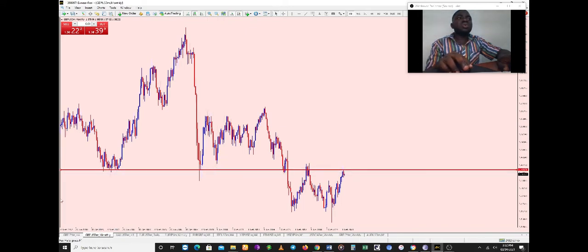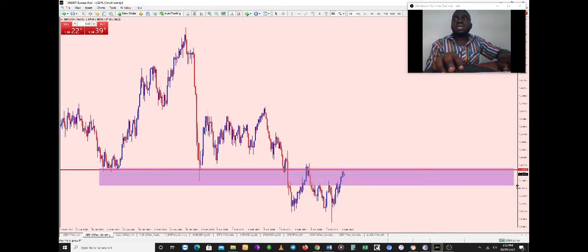Now, you realize that the rigs really try to break it and it fails. So it means they are reaching for a particular price level. So all I'll do is just create a zone, a thin line.